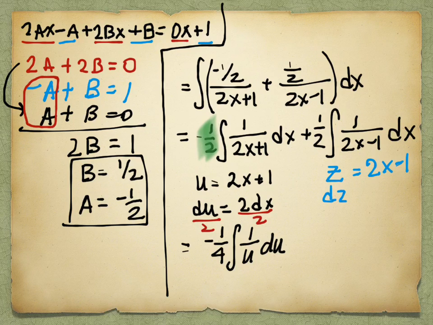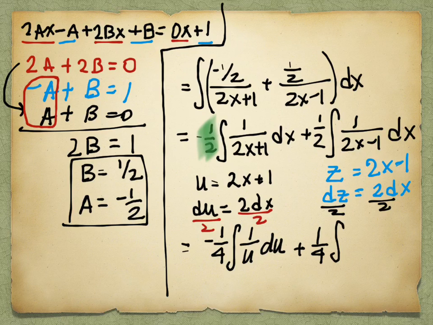What would dz be? 2 dx. And so for exactly the same reason here, I end up getting a 1/4 because I had the 1/2 originally. I have another half right here because of this 2. Divide by 2. So this is going to be plus 1/4.